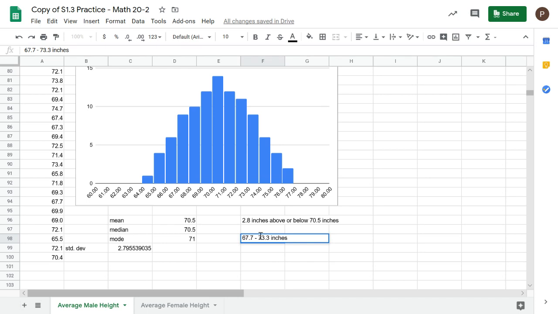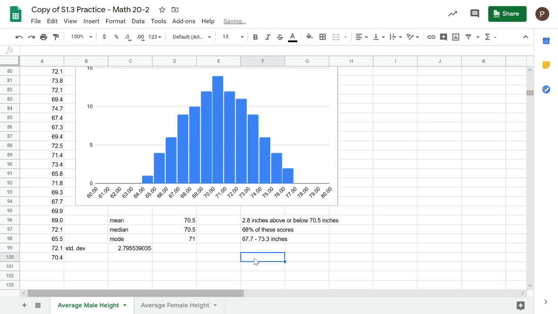This tells us that 68% of these scores, or 68 out of these 100 men, range between 67.7 and 73.3 inches tall. All right, it's telling us that the majority of people are within this range in this specific study. All right, so that's what our standard deviation is.